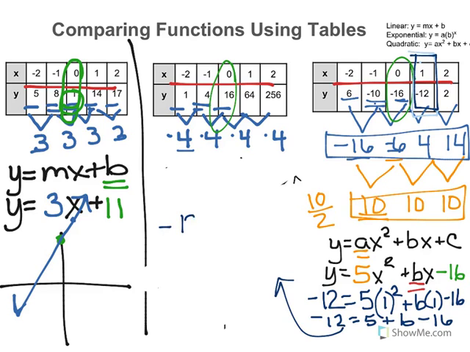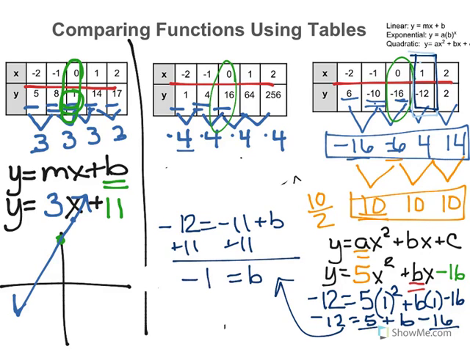So I have -12 equals, when I combine 5 and -16, -11 plus b. I'll add 11 to both sides. So b is equal to -1.